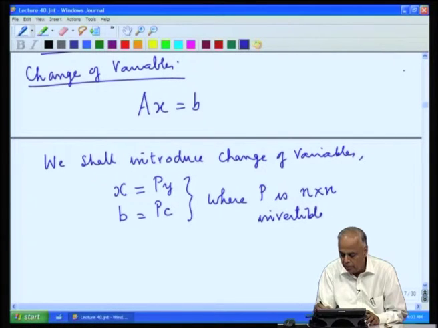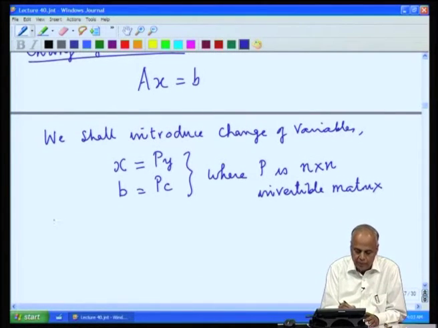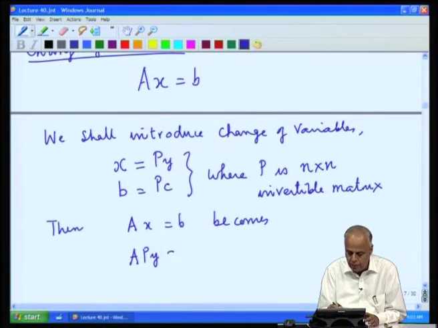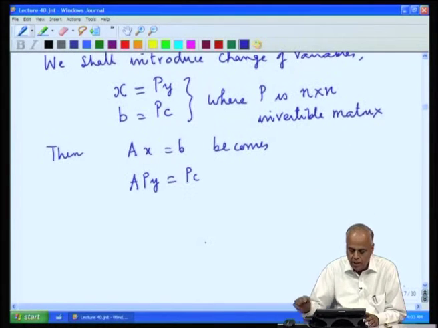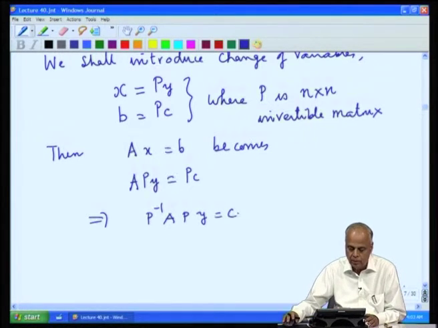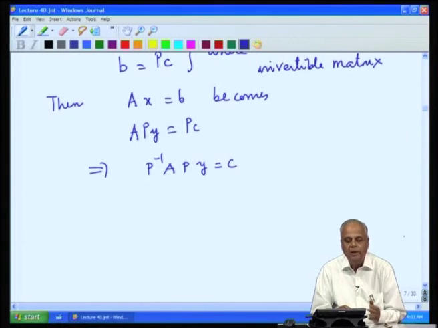We want invertible because from the x variable to the y variable and from the y variable to the x variable, we must be able to translate that problem. Then A x equal to b becomes A P y equal to P c, and therefore, P inverse A P y becomes c. So, if we can make P inverse A P diagonal, then we get a diagonal system and we can easily solve it.